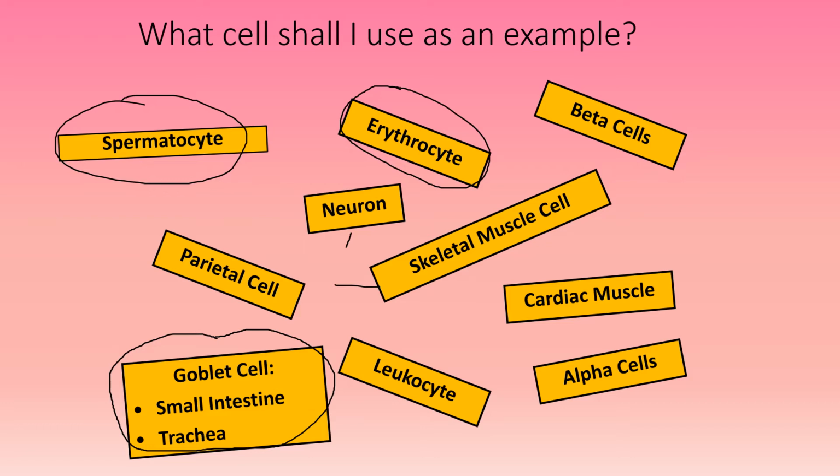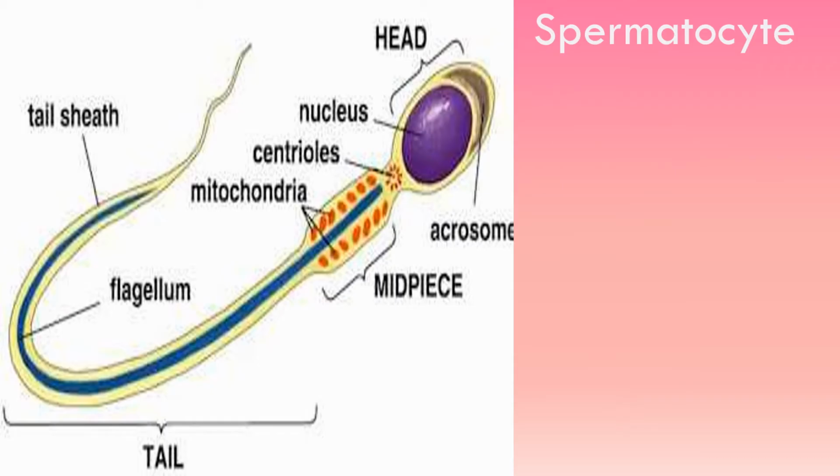So the question is, what job does that cell do? How is it suited to that job? And we're linking the two together. So let's walk into it. Here we've got a spermatocyte, or a sperm cell, and if you're going to address this in your assignment, I would express what the major role of the cell is.